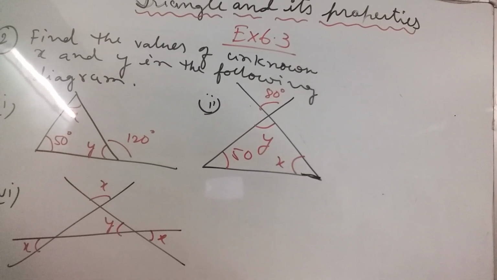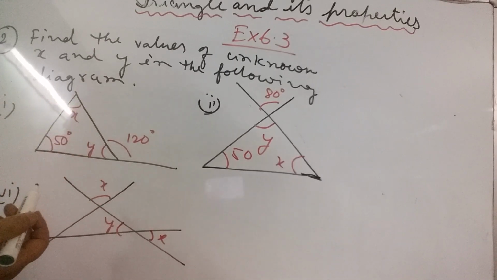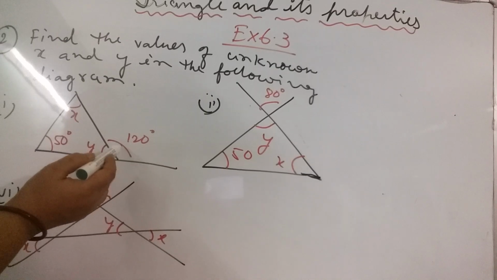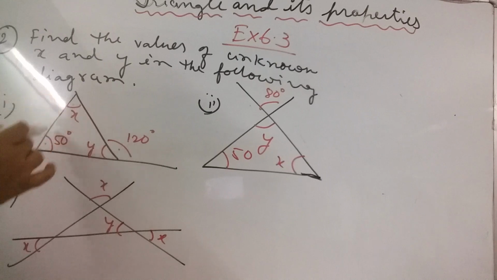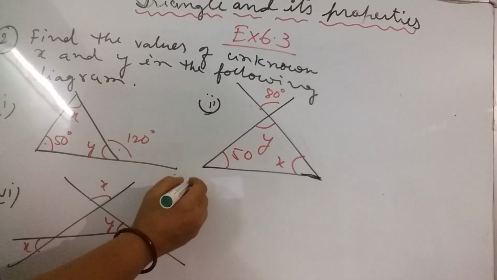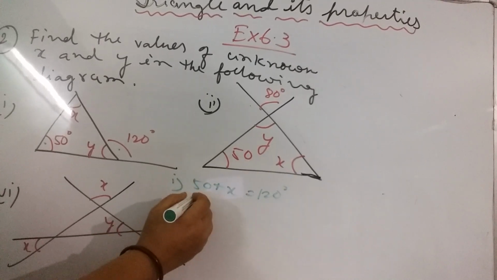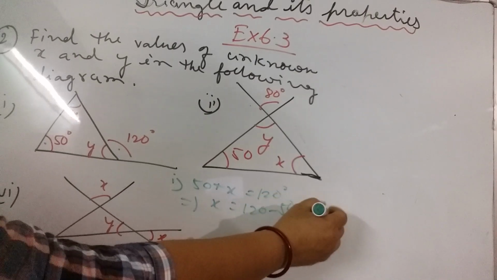In the first case, this exterior angle is equal to 50 plus x, so 50 plus x equals 120 degree. So x will be equal to 120 minus 50, that is 70 degree.